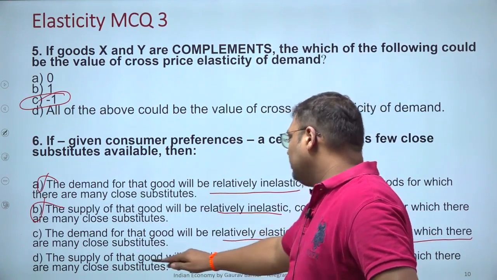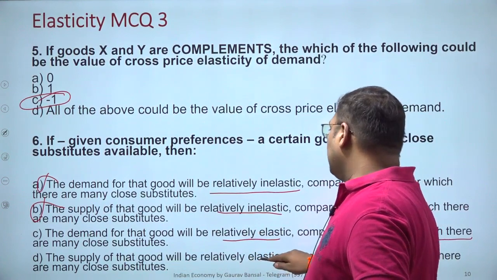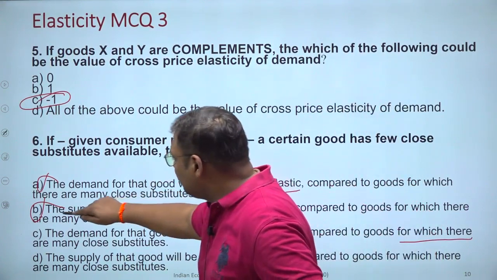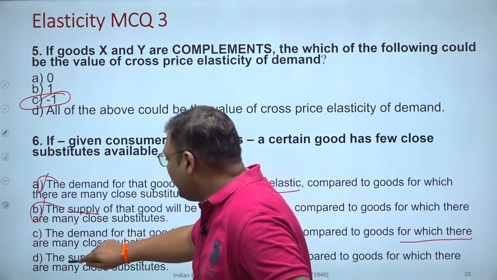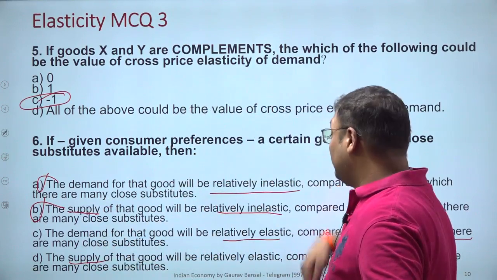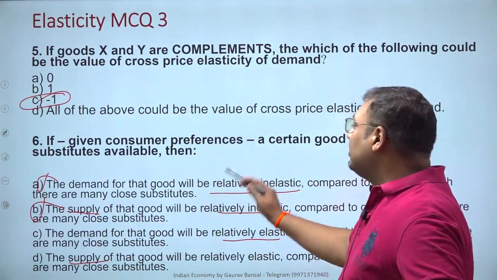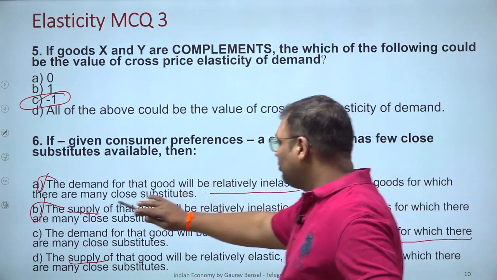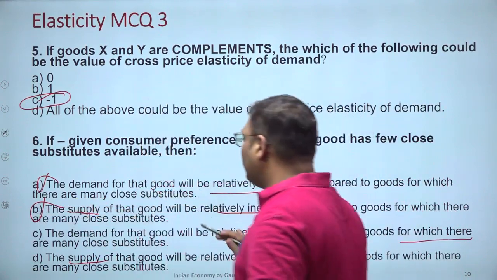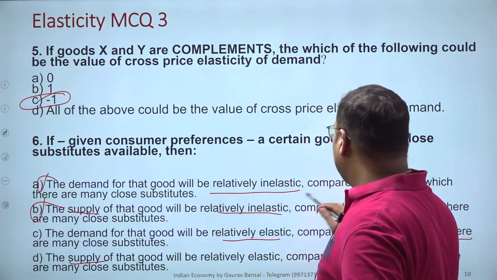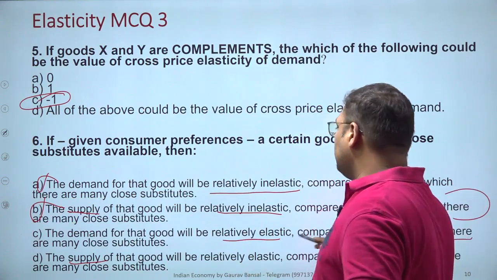Supply of that good will be relatively elastic. Sorry, I didn't notice this letter here. I prepared these options long ago. So yes, looking at the supply, the second option we can't rule out right now. We have to consider that also.